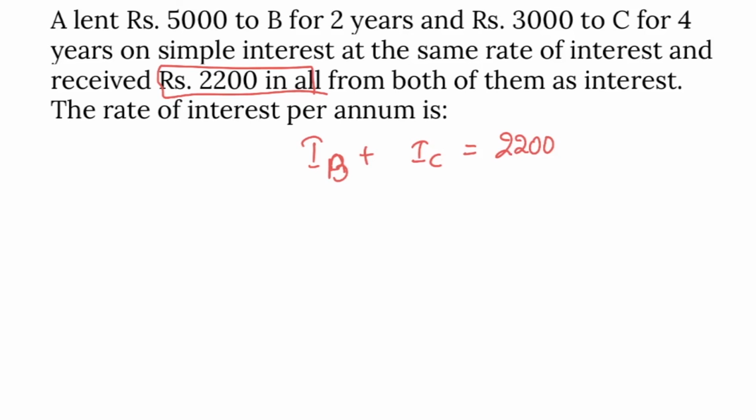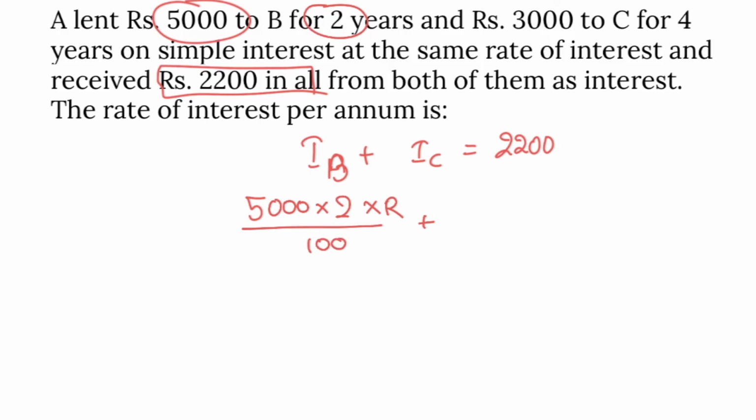For B, how much is the principal? 5000. P into time period 2 years, into rate of interest, which is not given, by 100, plus interest from C, PTR by 100, P is 3000. Time period for C is 4 years.